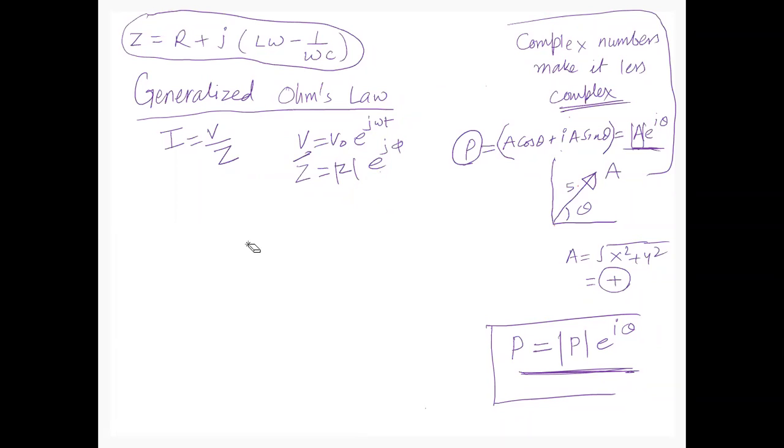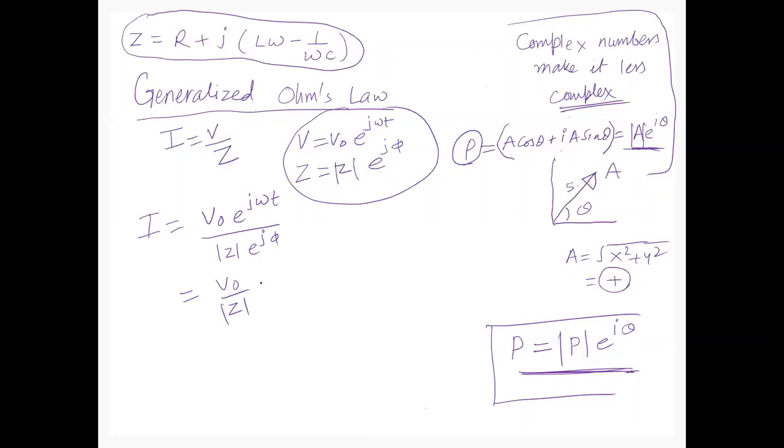Okay, now our goal is to write my I in terms of complex numbers. So let's do that. What is your I then? Your I is V0 e to the j omega t divided by Z e to the j phi. So V0 over Z absolute value, e to the j omega t minus phi.